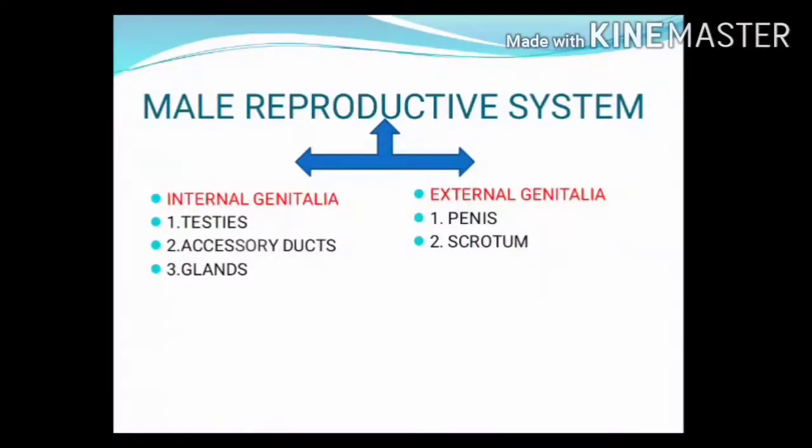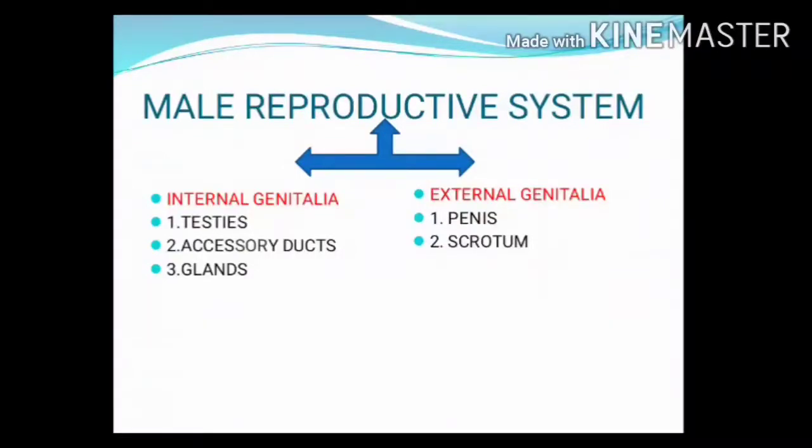That means the testes, duct system and sex glands, while the organs situated outside the abdominal cavity are called the external genitalia, that is, the scrotum, penis, etc. Now let's see this in detail.